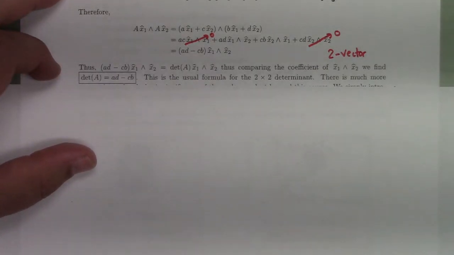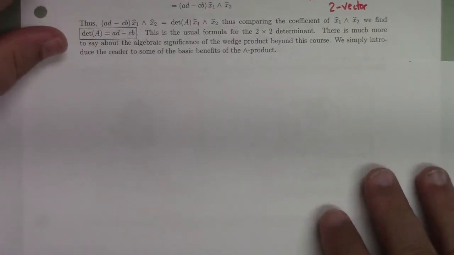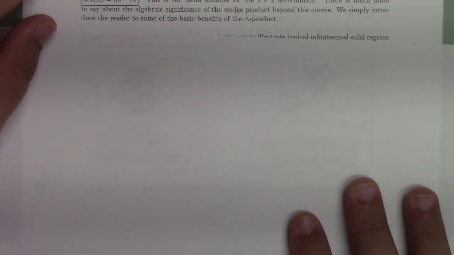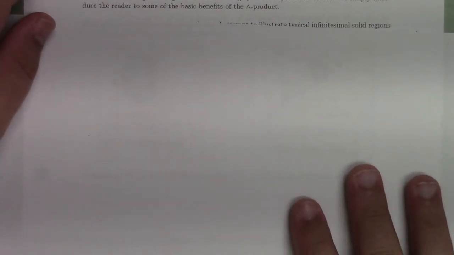So the determinant of A is ad minus cb, which is our usual formula for the 2 by 2 determinant, right? I'm just introducing some of the basic algebraic features of the wedge product. I have much more to say about it later. We'll see that the wedge product can be used to encode dot products and cross products all at once. It's really quite neat.